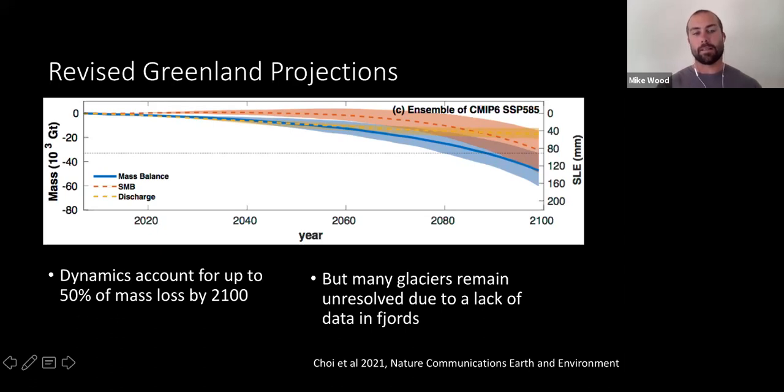And I think that this is largely still an underestimate, even with the improvements, because many of the glaciers still remain unresolved. So this lack of data in the fjords is not only affecting our ability to understand what's going on with the glaciers now, but it's also influencing our ability to predict how much mass loss is going to come from them in the future. So I would highly recommend checking out Youngmin's paper, hot off the press.